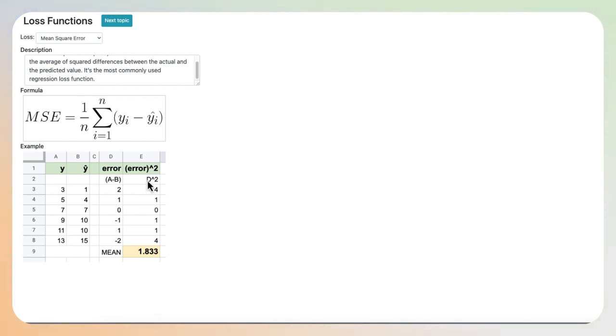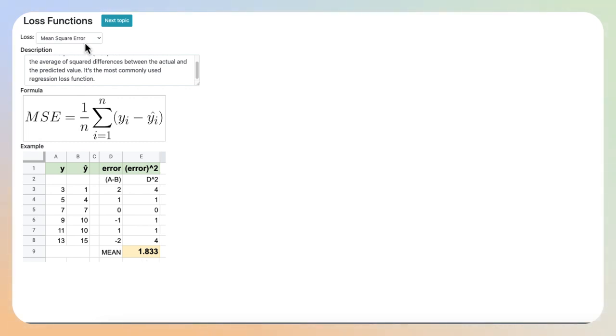Then we also have its squared values here. Finally, the mean is calculated by summing the last column and dividing it by 6, which is the number of elements. This way, we can quickly learn and review various loss functions and how they are calculated.